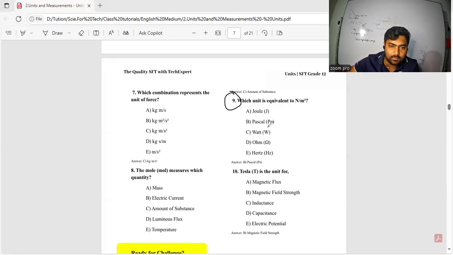Ninth one. Yeah, try this one. As I can remember, there was no answer for this one, but try this one. Let's see. You have to divide Newton by square meter.